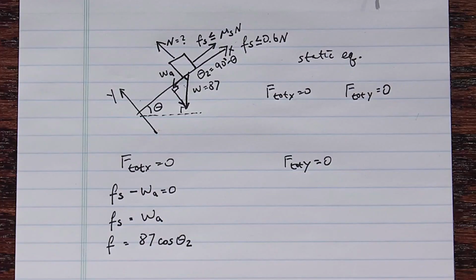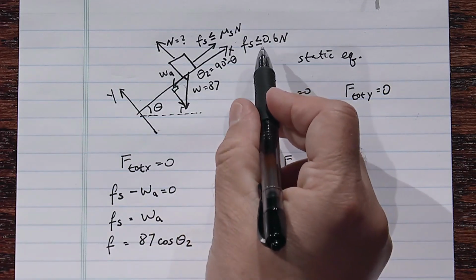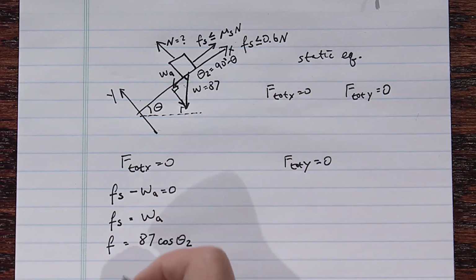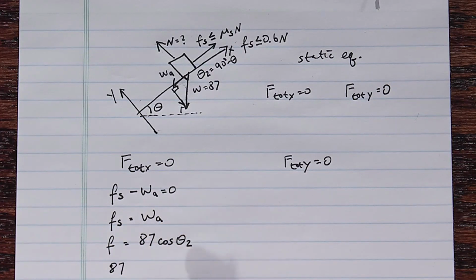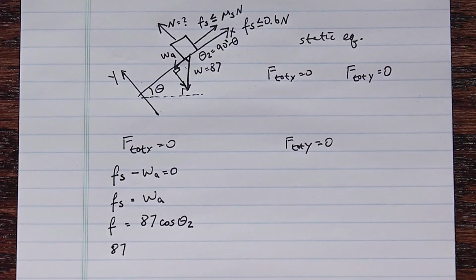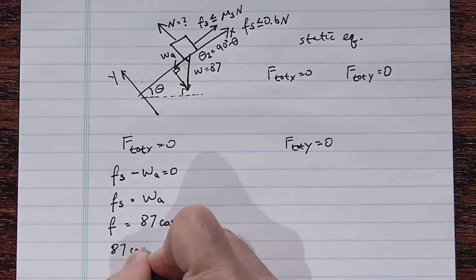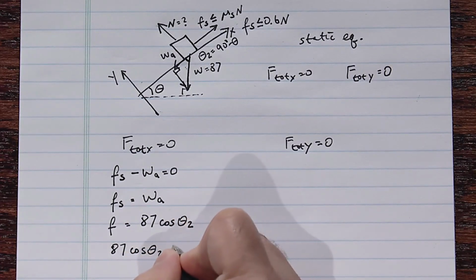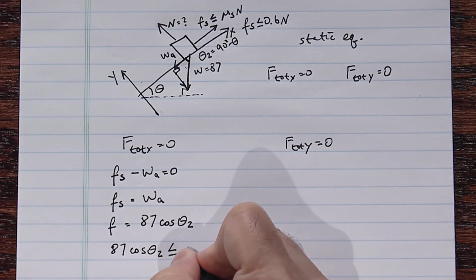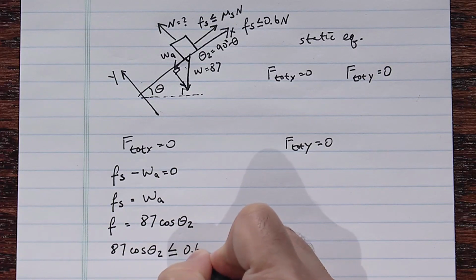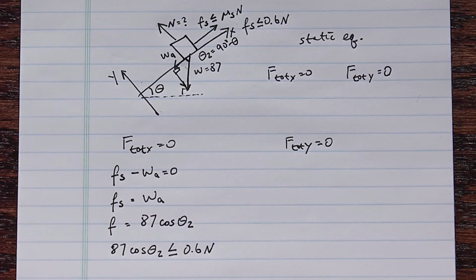We know that the static friction force must be less than or equal to 0.6 times the normal force. So we know that 87 times the cosine of theta 2 must be less than or equal to 0.6 times the normal force.